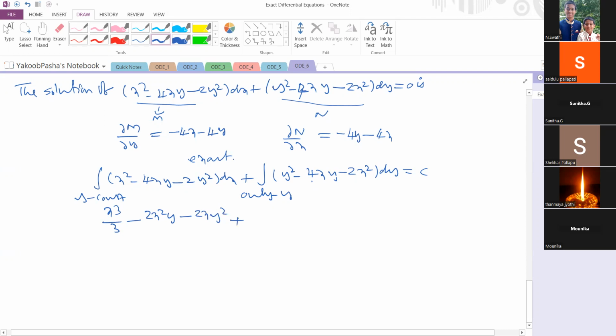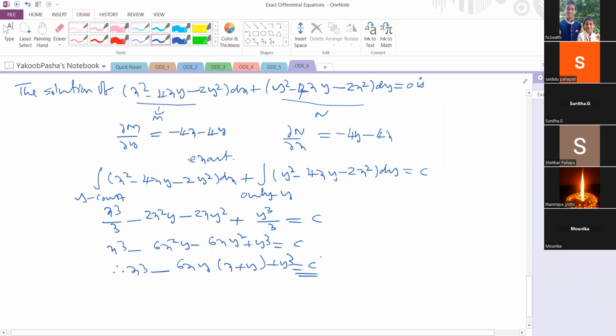Here only we have to integrate y terms, so y square integration is y cube by 3, that is equal to c. So we can write x cube minus 6x square y minus 6xy square plus y cube is equal to arbitrary constant 3c, which is nothing but c. Therefore, we can write x cube minus 6xy (x plus y) plus y cube is equal to c. This is the general solution.